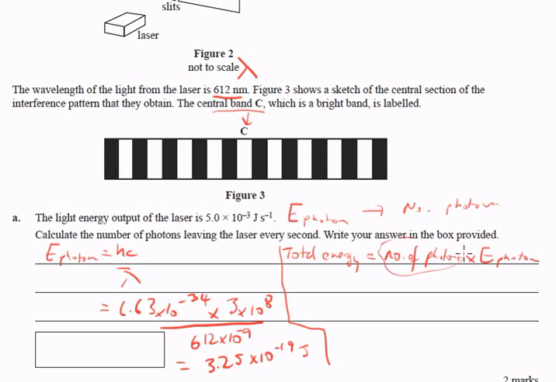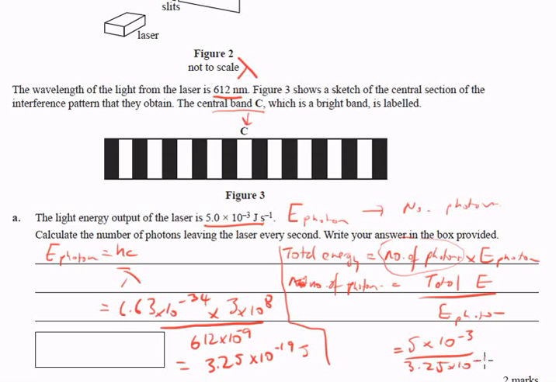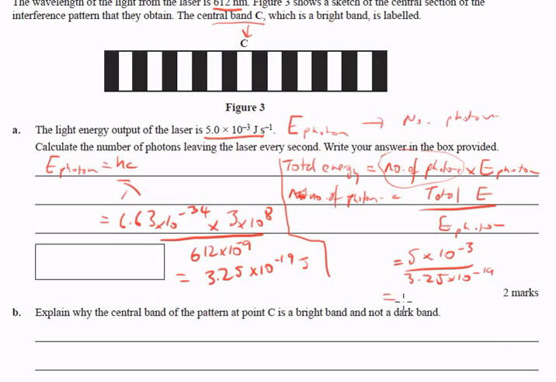So if I want to work out the number of photons, to rearrange this equation I get the number of photons must equal the total energy divided by the energy of each photon, which is the total energy they've given us there, 5 by 10 to the minus 3, over the energy of each photon, 3.25 by 10 to the minus 19, and that gives me 1.54 by 10 to the 16 photons per second.